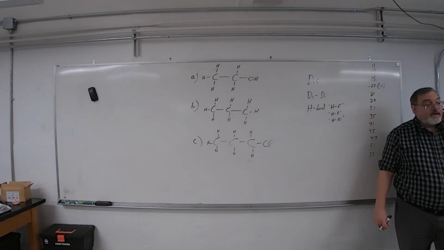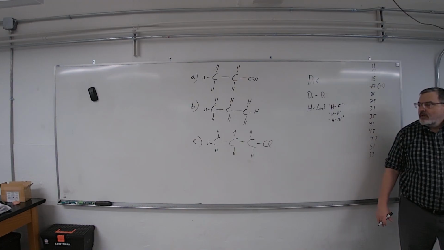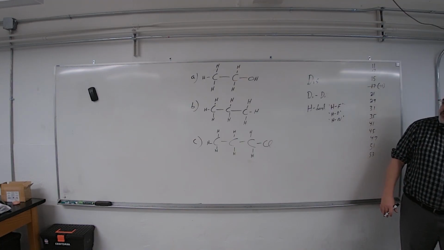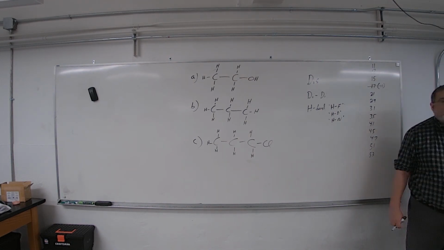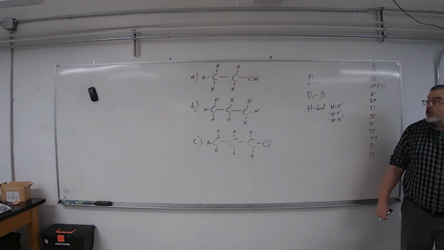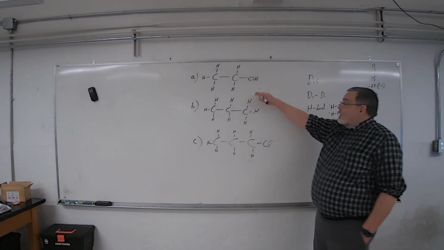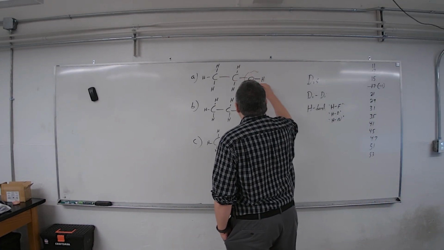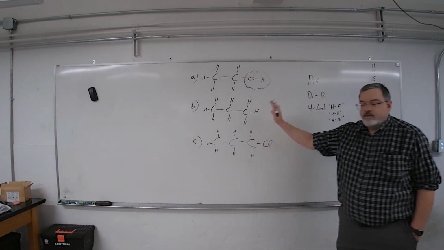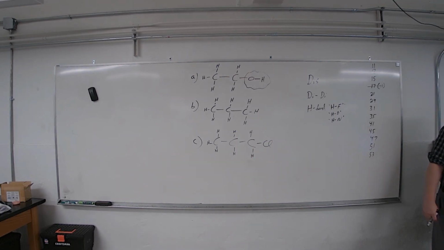What IMF do all of them have? Dispersion. So they all have dispersion. Which ones of them have hydrogen bonding? A, is that all? Yes, that's all. The only one that has any of, I erased it. There's your hydrogen bonding, and there's no other hydrogen bonding covalent bonds there.